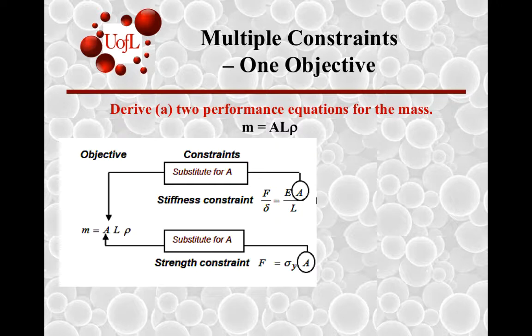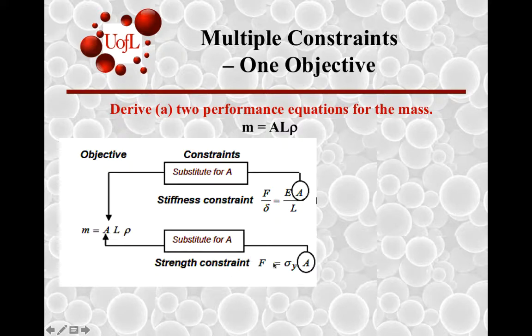On the top, you have something based on the stiffness. If you take stress is equal to epsilon times E, and the stress is F by A, and then epsilon, the strain, is delta by L, E, the Young's modulus, is provided. So if you rearrange those terms and then you eliminate A in the equation for minimizing mass, you will get one type of a mass.